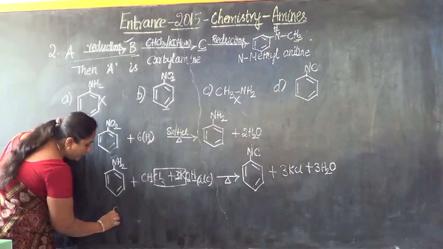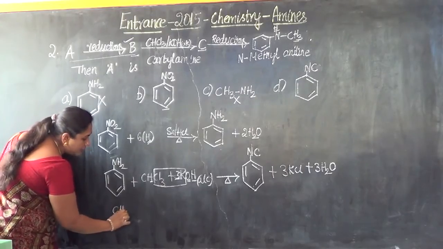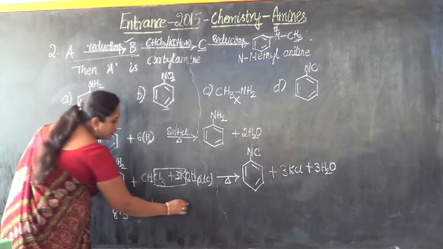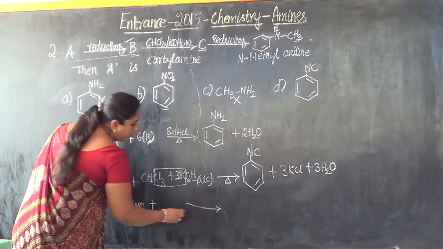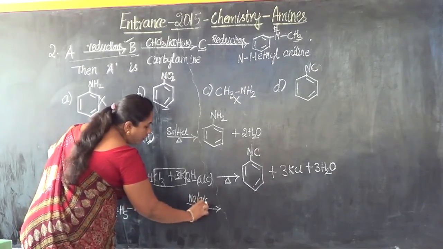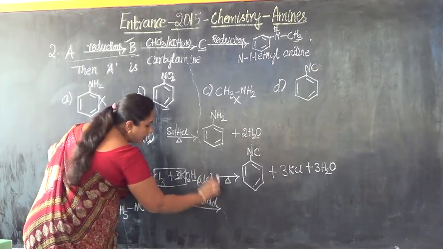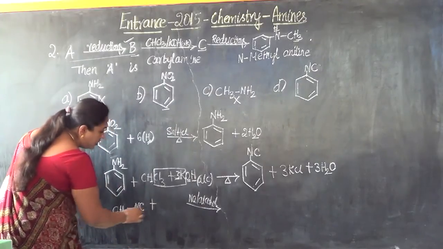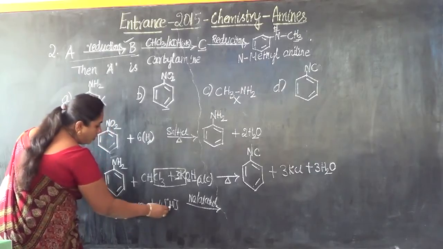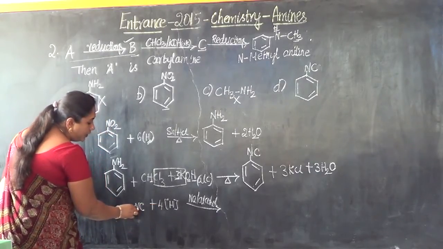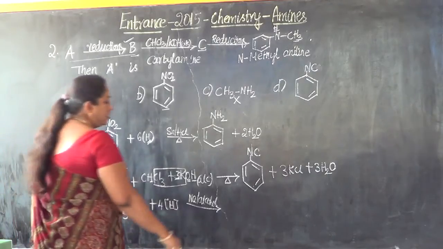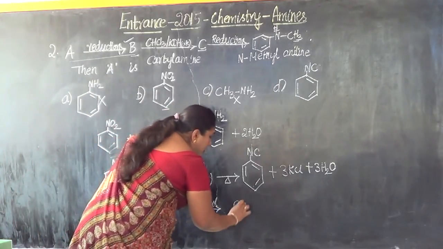Now I will write in terms of formula. C6H5NC combines with a reducing agent, let me say sodium in alcohol, or you can even carry out Mendius reduction. With 4 nascent hydrogens, 1 hydrogen takes a linkage with N and 3 more hydrogens with C.